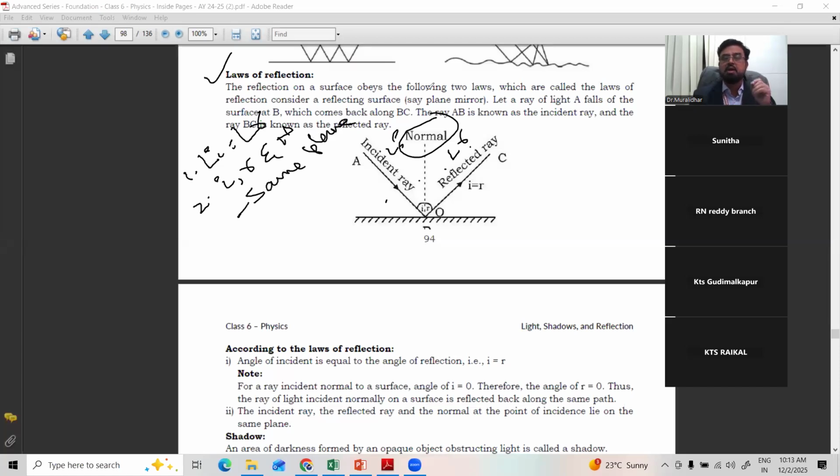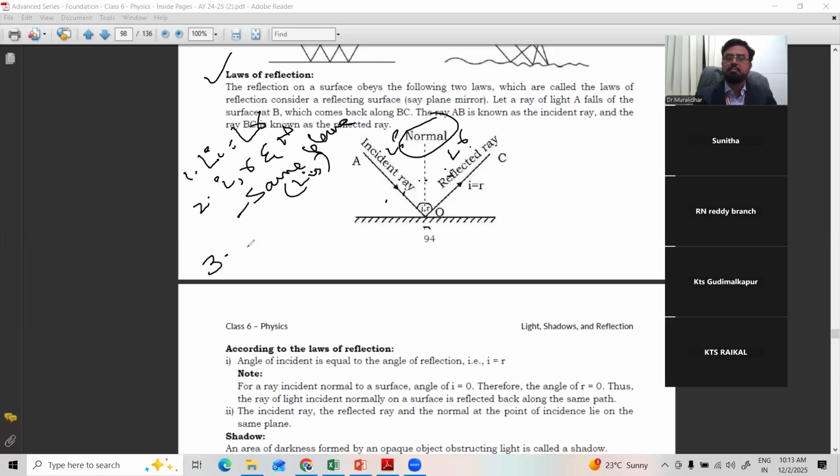Whenever there is regular reflection or irregular reflection, the incident ray, normal, and reflected ray lie on the same plane. You can see here, all three are in the same plane. This is a plane mirror. That is the second law.